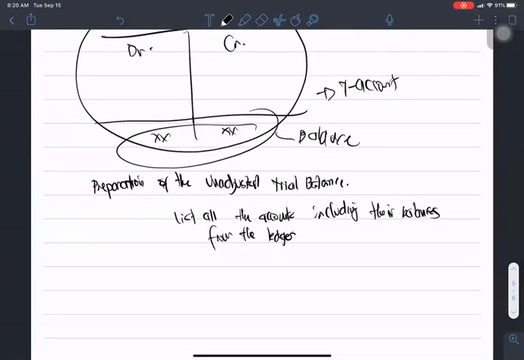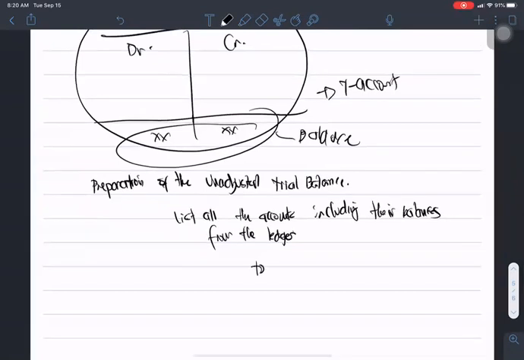Okay? And take note, the total of the debit should equal the total credit. Okay, so let's now have an example regarding your recording process in which we utilize your activity last meeting.